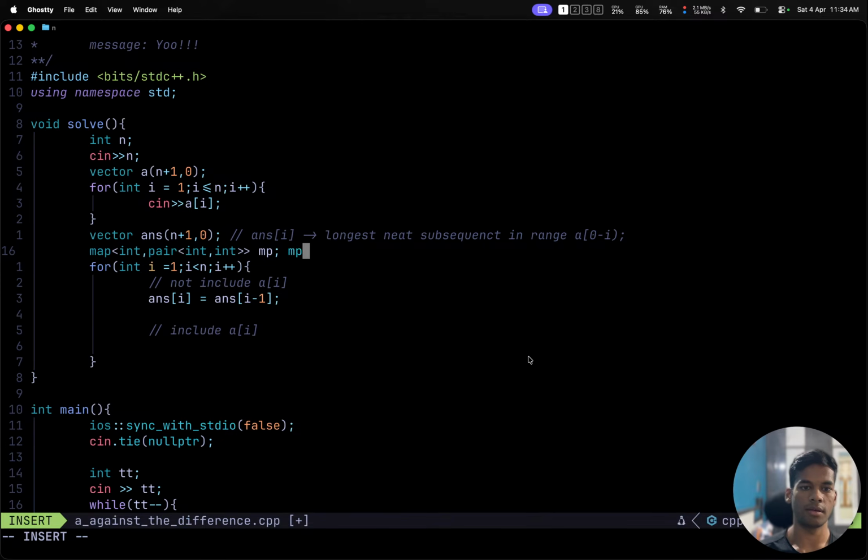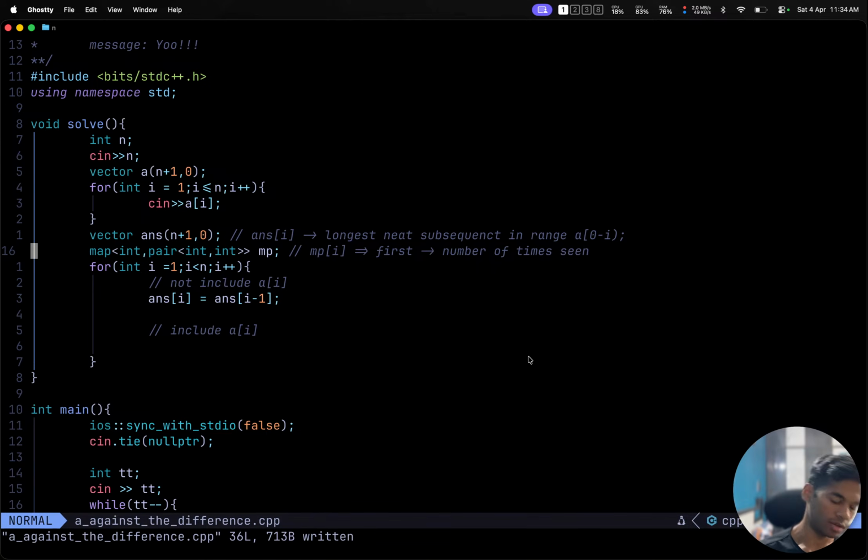Where mp i would mean the first number times seen. Shit. No. You need a stack.